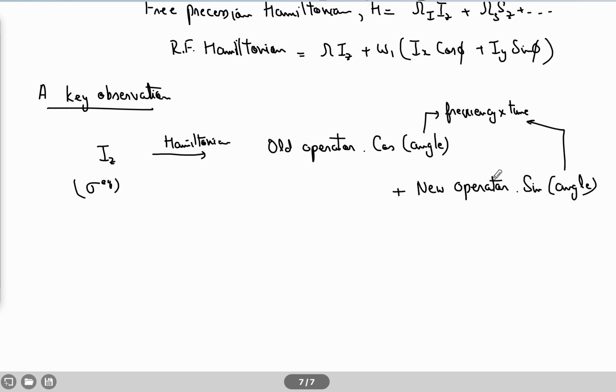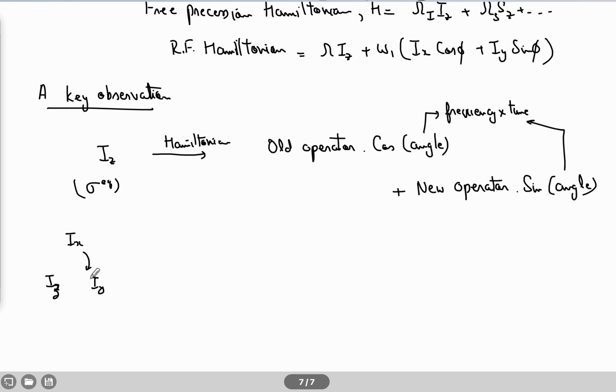Okay, so now let's say, how do you calculate the new operator if the old operator is given? This is simply given by a cyclic relation between Ix, Iy and Iz, which we have already learned: the commutation between Ix and Iy gives you Iz. I'm just simplifying it further.